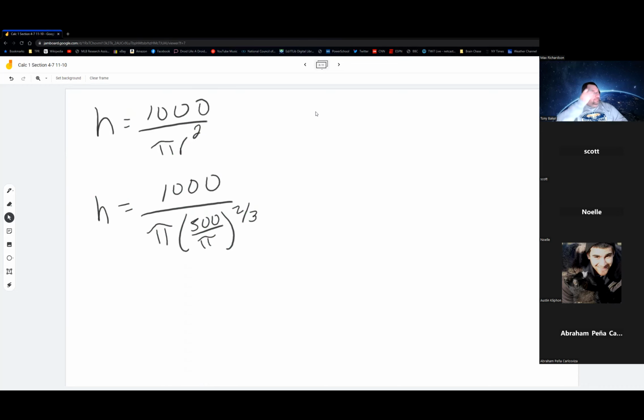So the 2/3 power. So this simplifies down to 500 over pi.